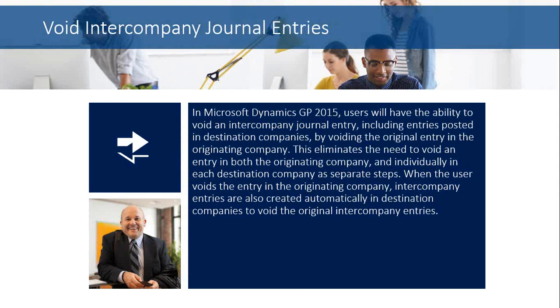So if I enter a journal entry that's an intercompany journal entry, and it enters an entry into my originating company and my source company, or my destination company, by voiding the original entry in the originating company, it will actually void both transactions. So this eliminates your need to log out of one company into the other so that you can catch the other side of that entry. So again, another focus on time savings.